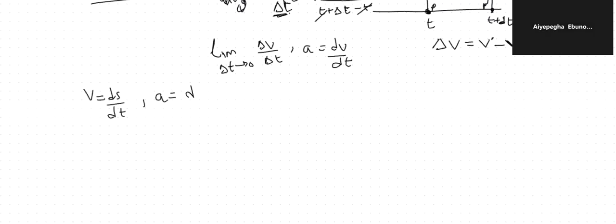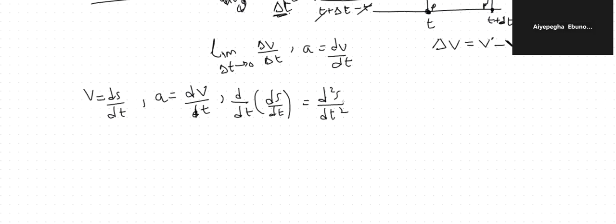So a can also be expressed as d dt of ds dt, so I'm going to have d square s over dt square.